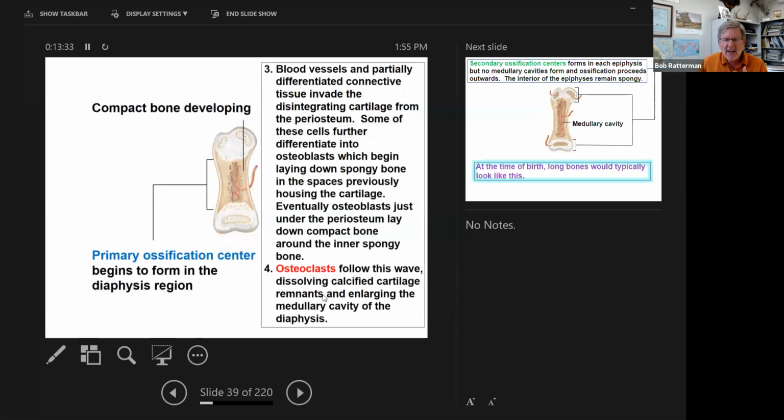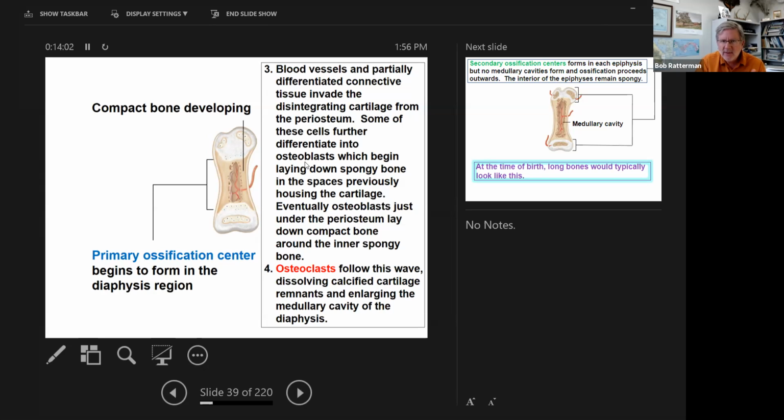Okay, so back to the idea of cutting off the nutrient supply to the chondrocytes. Those cartilage cells are eventually going to die. And then what we see happen is osteoblasts begin to invade those areas that were occupied by cartilage cells, which are now dead.